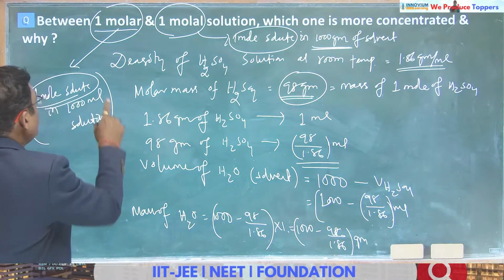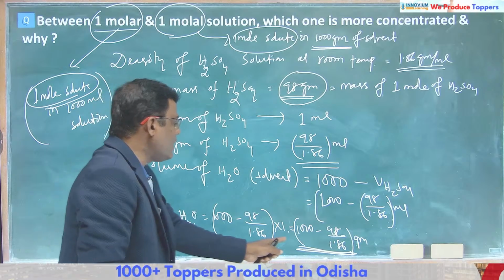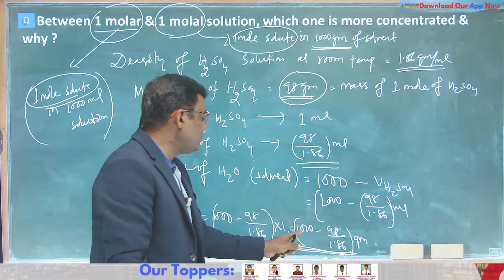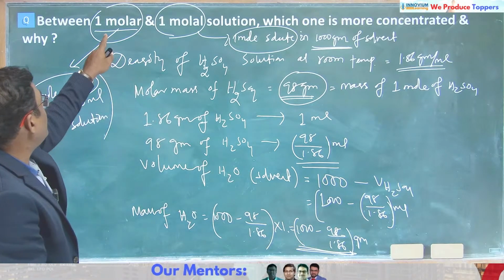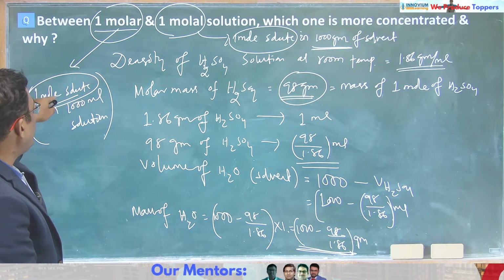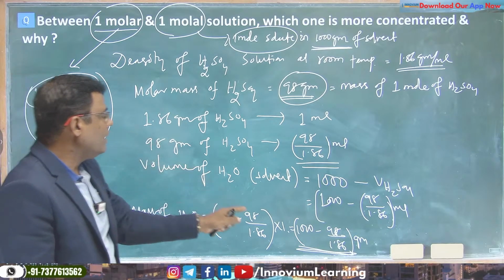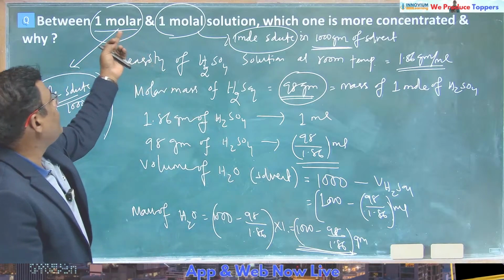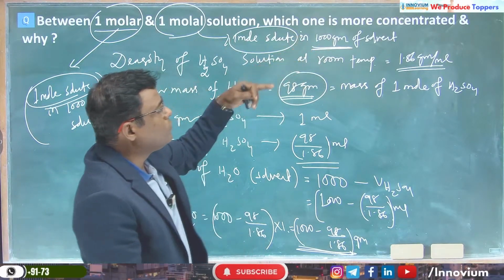Here for 1 molar, solvent amount is this one, and this amount of solvent is definitely less than 1000 gram. So in case of 1 molar solution, 1 mole solute, that is H2SO4 here, is present in a solvent amount which is less than 1000 gram. So here solvent is less in amount, but here solvent is 1000 gram, that is more in amount.